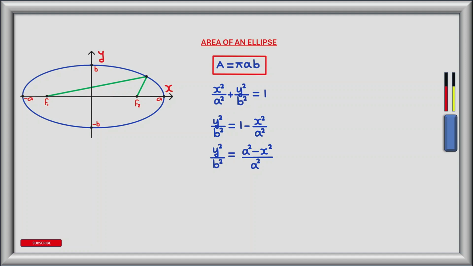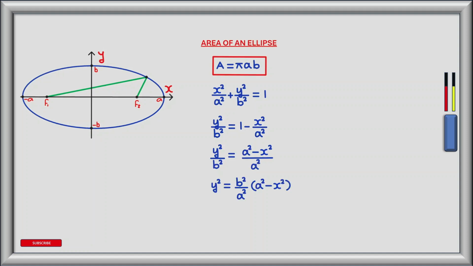This simplifies to y squared divided by b squared is equal to a squared minus x squared all divided by a squared. And multiplying both sides of the equation by b squared gives y squared is equal to b squared divided by a squared multiplied by a squared minus x squared.